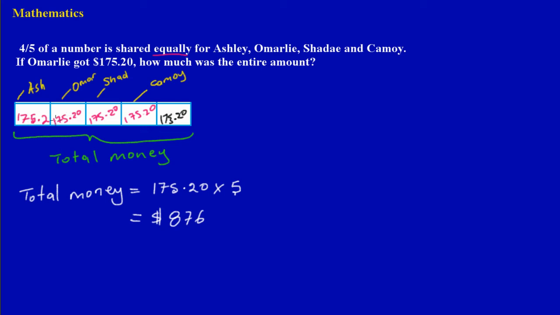Hence we have $175.20 in each part. The leftover part is the same size, so we would have $175.20 left over. To get the total money, we just multiplied the number of parts in the whole, which is 5, by how much money we had in one part, and we got that.